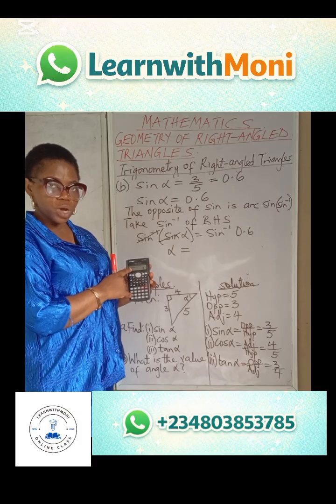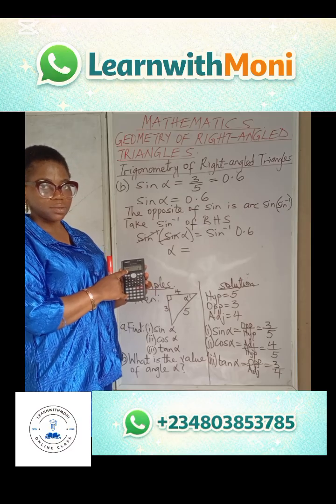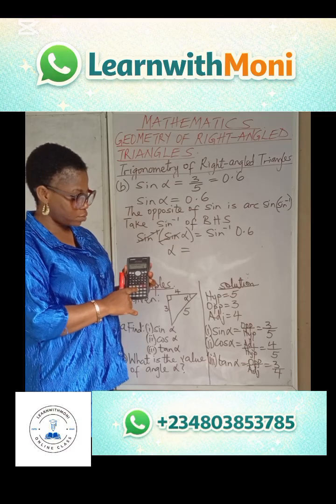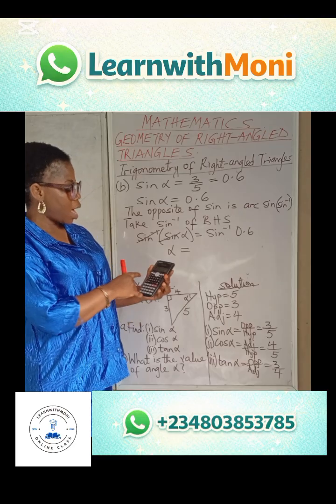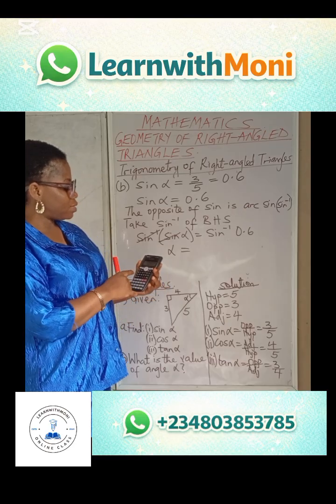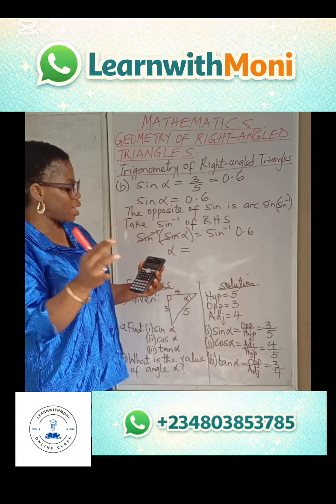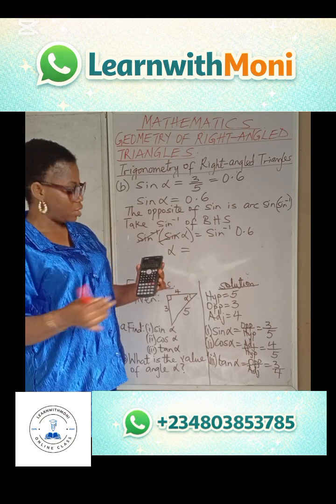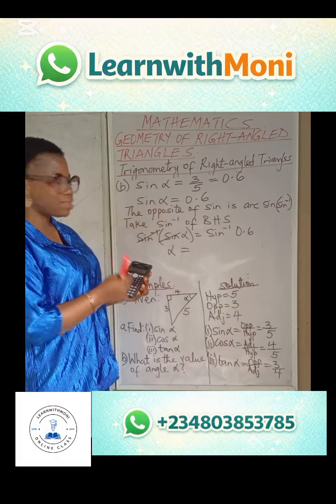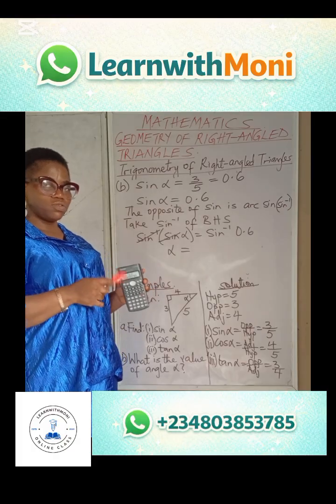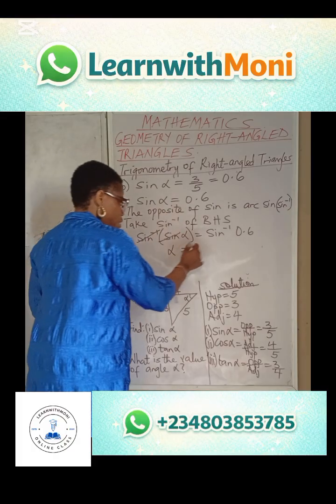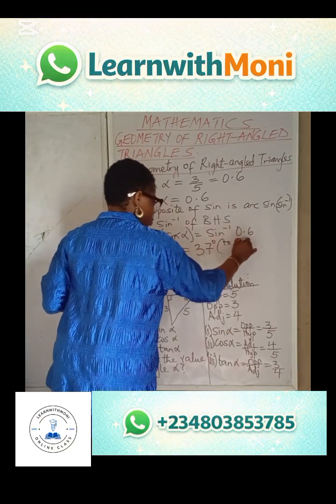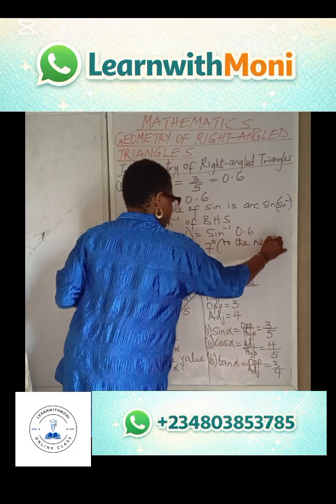On the monitor, you are going to see arcsine. Then you press your 0.6 equals to, and here it is giving me 36.8698. So if I'm taking my answer to the nearest degree, I'm going to say my answer is 37 degrees to the nearest degrees. That means alpha is 37 degrees to the nearest degrees.